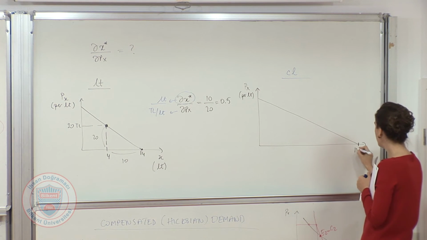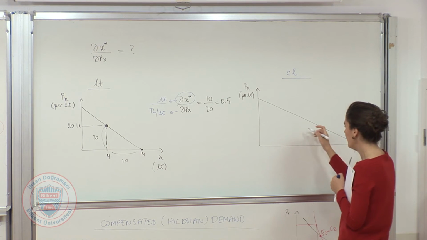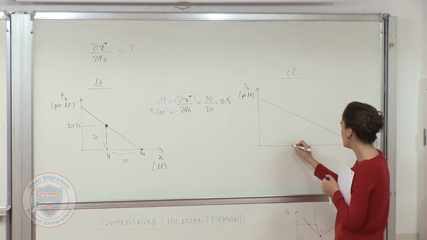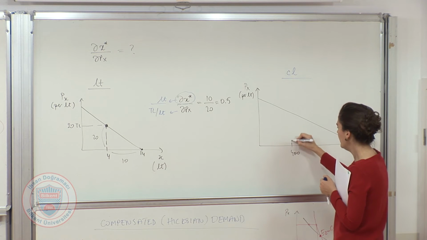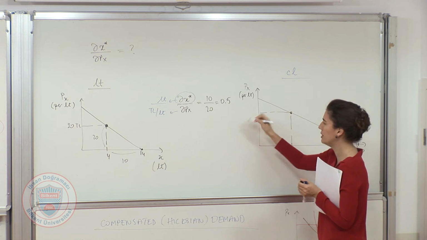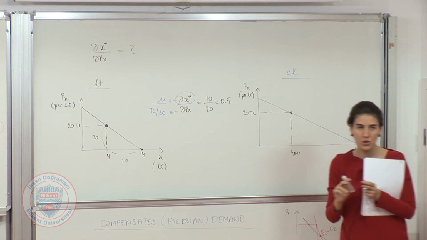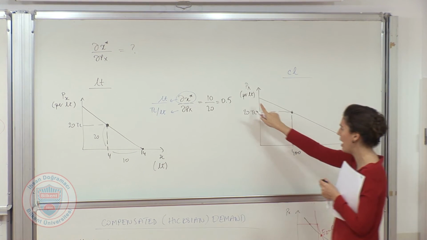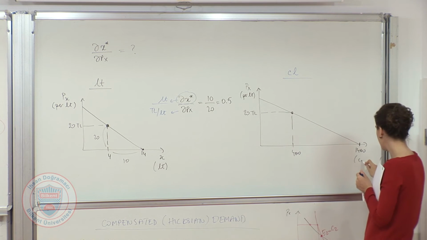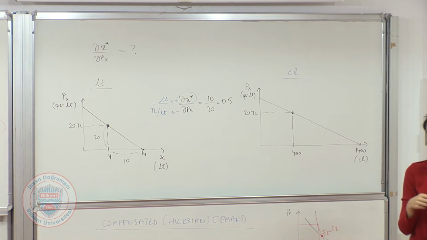Here this is going to be 1400, here it's going to be 400, and again this 400 corresponds to 4 liters and 20 Turkish liras. Here I measure price per liter, and quantity in centiliters, okay?